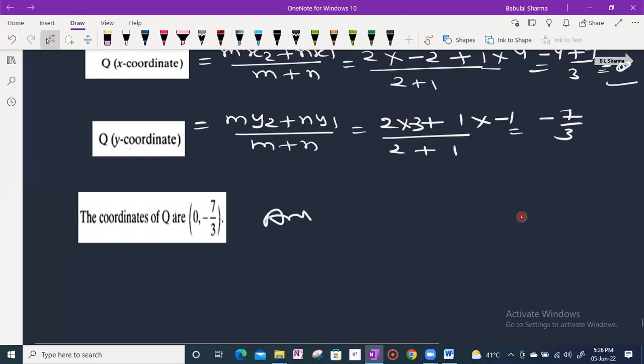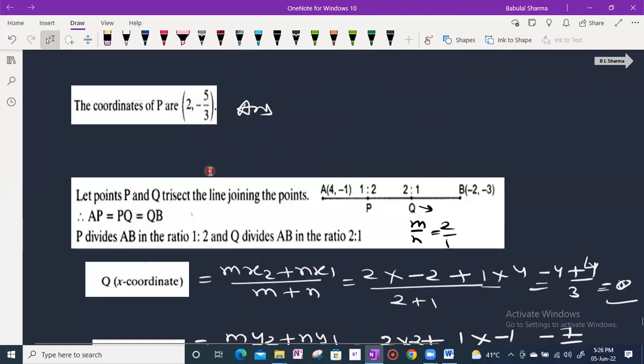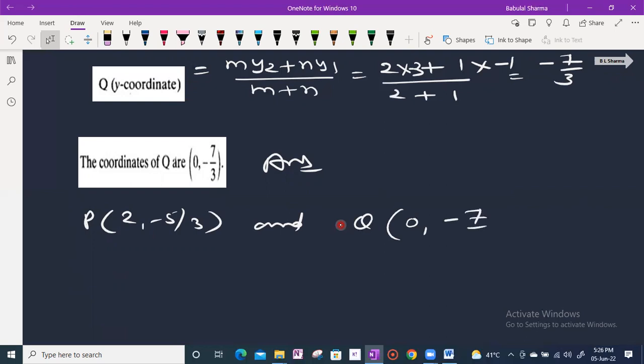That is the answer, student. P coordinate हमारा था, क्या था P coordinate? That is (2, -5/3), and the coordinates of point Q are (0, -7/3), and that is the answer, and that's all for this question.